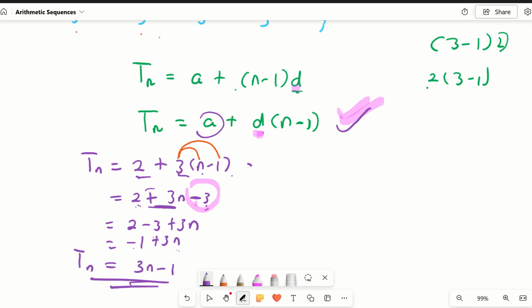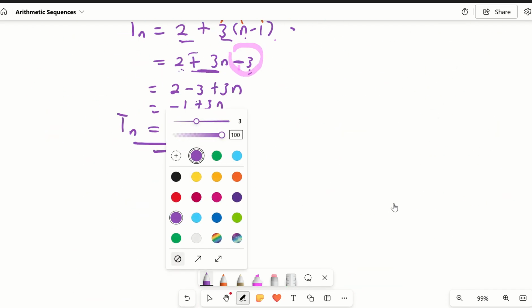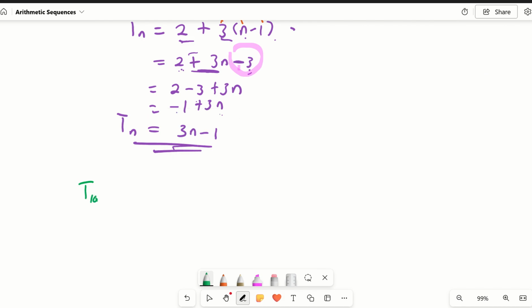So now when you do your calculations, for example when you're looking for T100, it is easy to substitute. It's going to be 3 times 100 minus 1, which gives you 299. It's easy to deal with. T77, it's going to be 3 times 77 minus 1, that's 230. Do you see that it's quick and convenient?